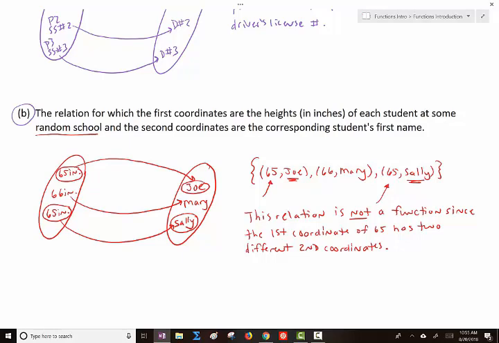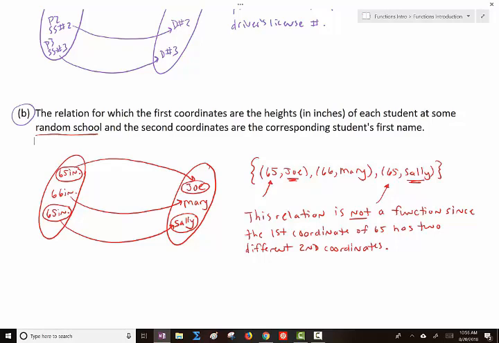We made up some stuff, and as we can see, it's very likely that there are going to be two different people with the same height but different names. In particular, we made up some heights of 65 inches, and there were two different people named Joe and Sally of the same height. This produced a scenario in which one first coordinate of 65 had two different second coordinates, which violates the definition of a function.